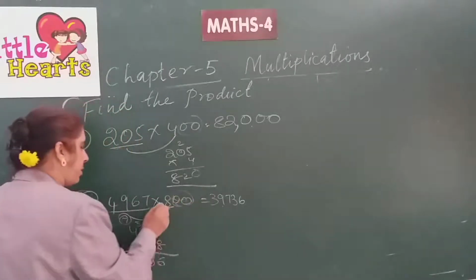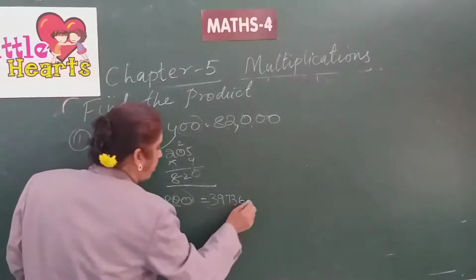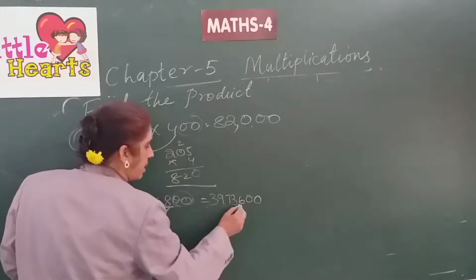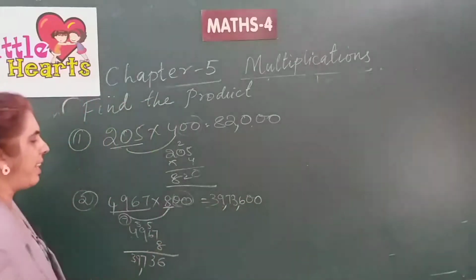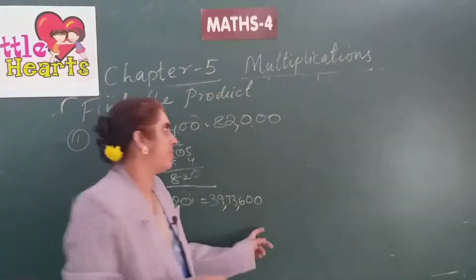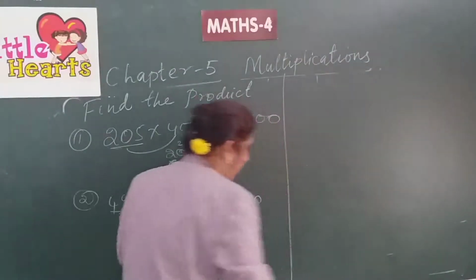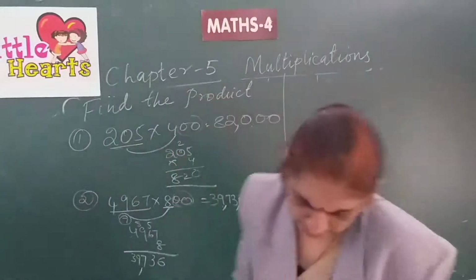We left these zeros and multiplied. So this product should be followed by 2 zeros. Insert commas now. 39,73,600 is the answer.